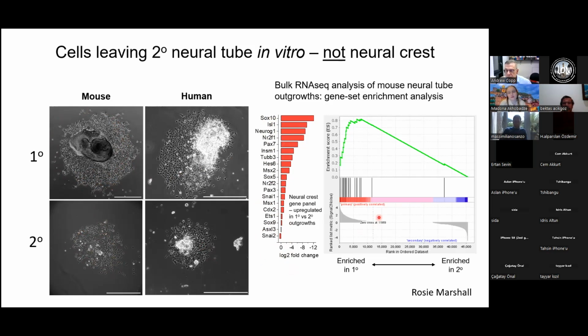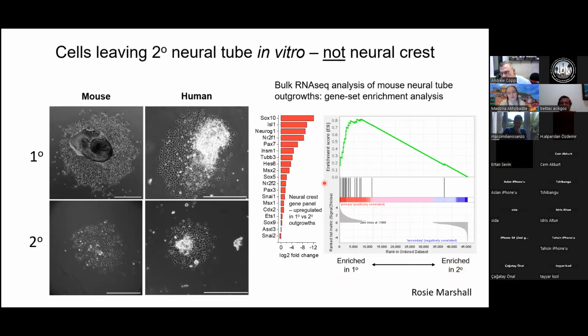And you can see that better here in this so-called gene set enrichment analysis. So each line here is one of the genes in this panel. And if the genes are clustered towards the left-hand side, they are correlated with the primary neural crest. And if they're clustered to the right-hand side, they're correlated with the secondary neural crest.